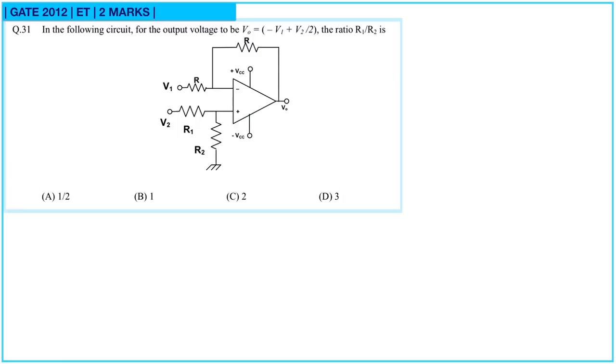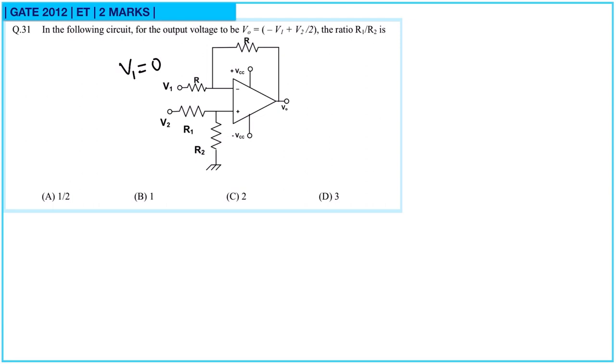Question 31. In the following circuit, for the output voltage to be VO is equal to minus V1 plus V2 by 2, the ratio R1 by R2 should be. Now we will consider some cases. Let us assume V1 is equal to 0. So if V1 is equal to 0, then what will be output?